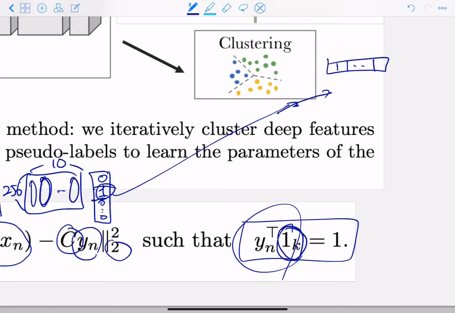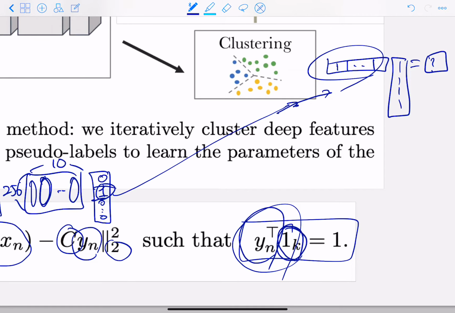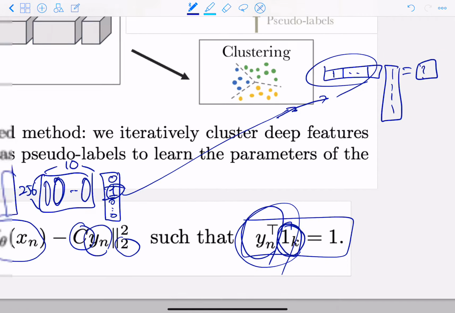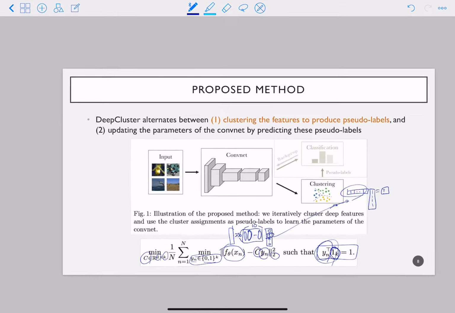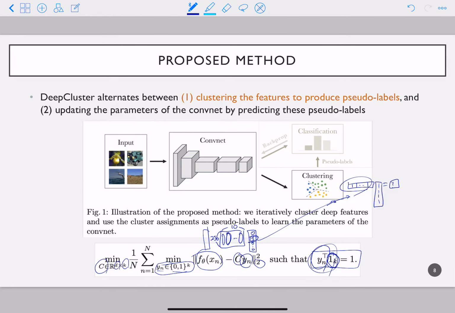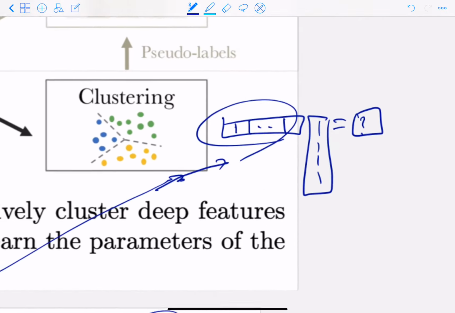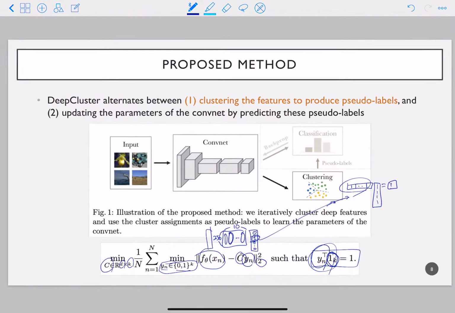Yn is here as a row vector, and 1 is simply composed of all ones. So what is the inner product? It will simply be the sum of the y vector, right? Combined with this representation, where each element is either 0 or 1, it will be just a one-hot vector representation.